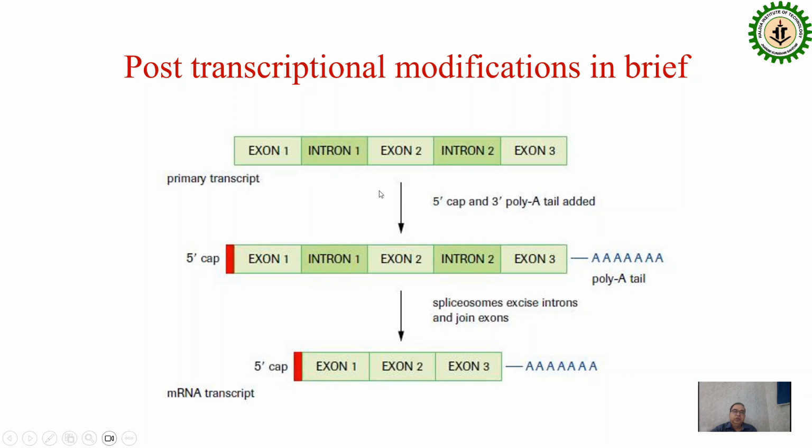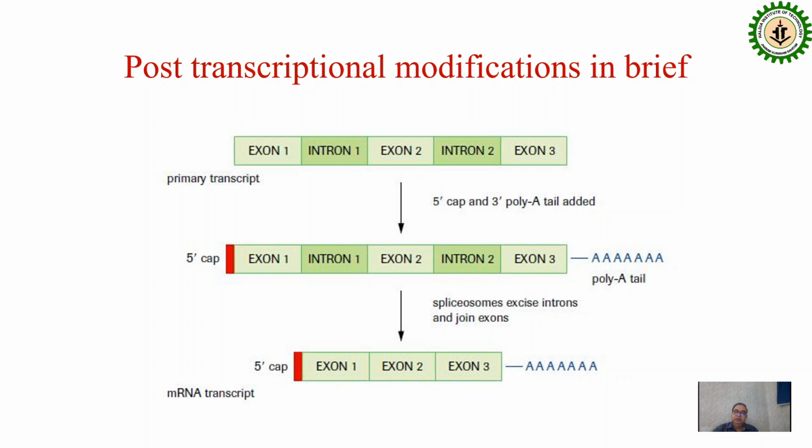So what happens is that in the 5' end, you can see this red color cap which is added, and if you go to the 3' end, you can see this multiple A, or poly A tail. This is in the 3' end.